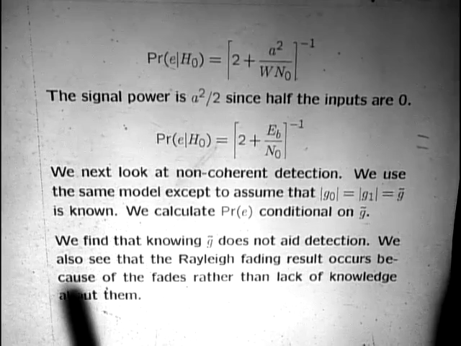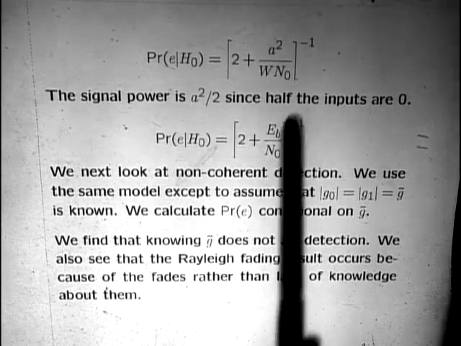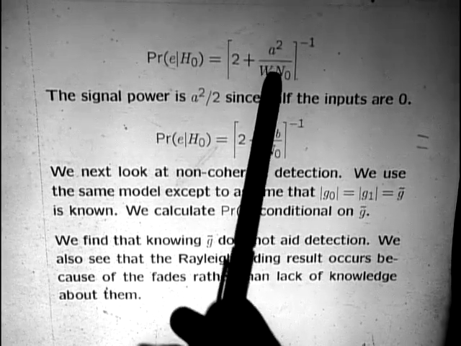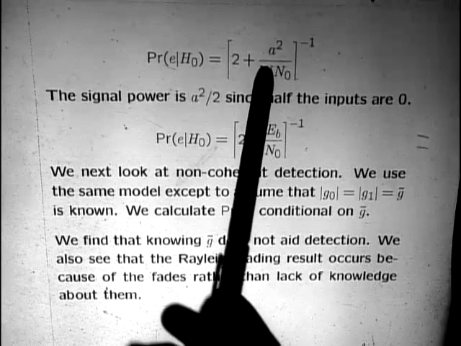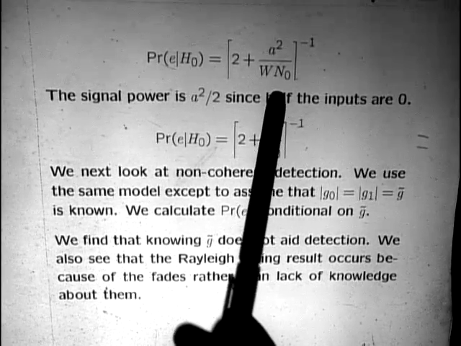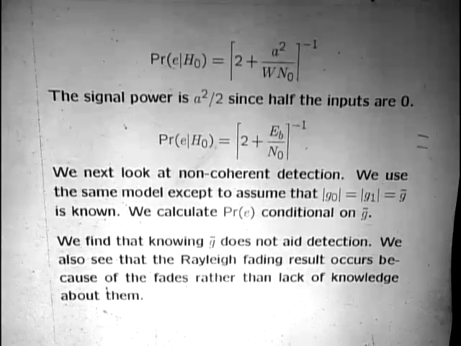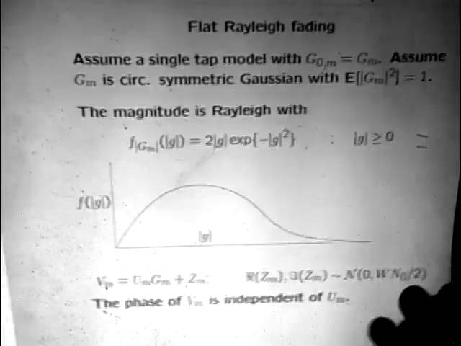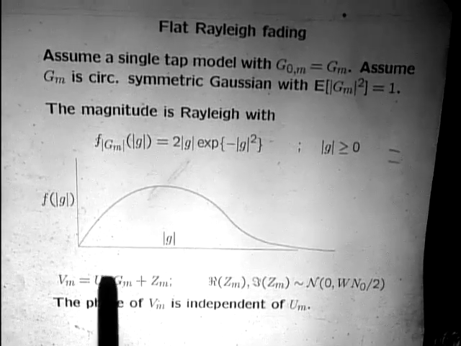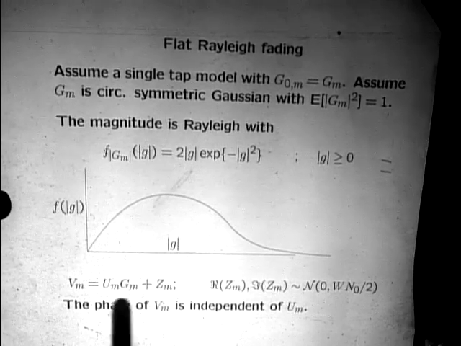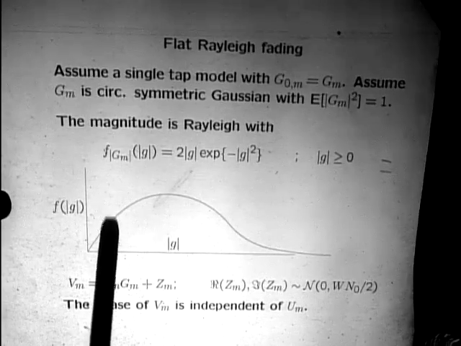Okay, that is really an awful result, because that says that as you increase the energy that you're using, the probability of error goes down very, very slowly. And if you look at this picture and you think about it a little bit, it should be clear that that's the only thing that can happen. Because if you increase A squared a little bit, it's not going to save you much here.